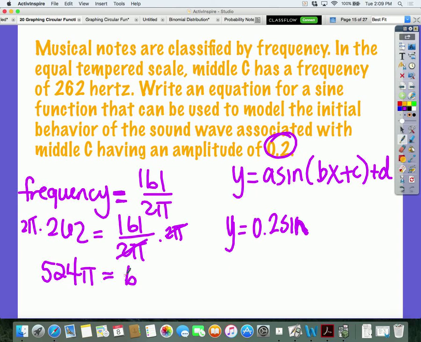And this way I also don't have to worry about losing a rounding point because I don't round correctly. Because how should I round in this problem? Does it tell me how to round? No. So I should round to 3 significant figures. So instead of having to worry about rounding to 3 significant figures, why not leave it as exact? Right. So then all I have to do is plug in 524 pi x. Do I have any other information for C and D?